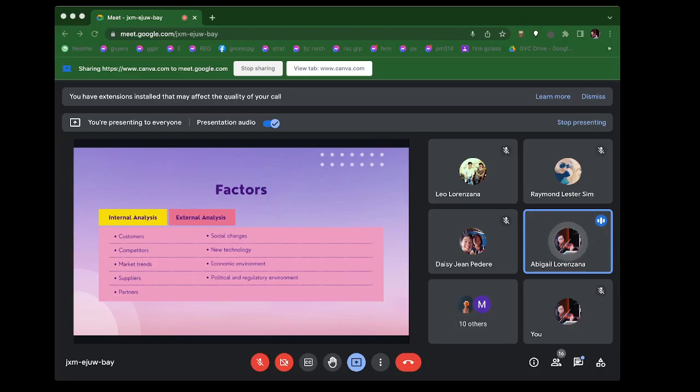Changes in the external environment may refer to customers, competitors, market trends, suppliers, partners, social changes, new technology, economic environment, political and regulatory environment. The last four items in the above list are macro environmental variables and are addressed in a PEST analysis. The SWOT analysis summarizes the external environmental factors as a list of opportunities and threats.